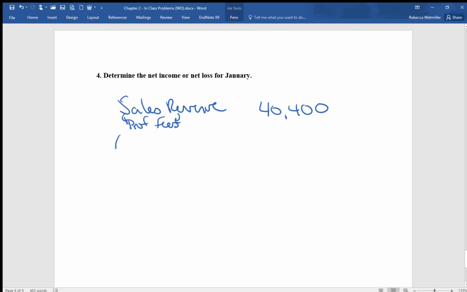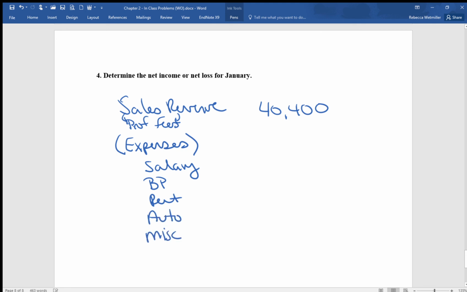Okay, and then on our income statement, we do revenue, and then we do minus expenses. And the expenses that we had this time, we had salary expense, we had blueprint expense, we had rent expense, we had auto expense, and then we had miscellaneous.